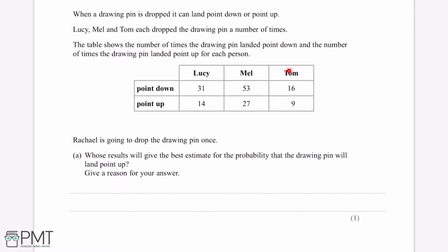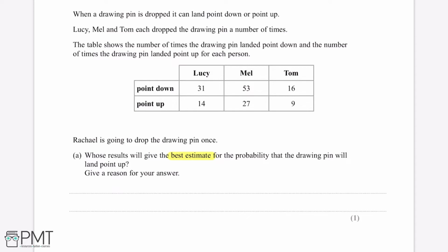So if we take a look at this table, the person whose results will give the best estimate for the probability the drawing pin will land point up will be the person who threw the drawing pin the most number of times. So what we can do for each of Lucy, Mel and Tom is add together the number of times the pin landed point down and the number of times the drawing pin landed point up.